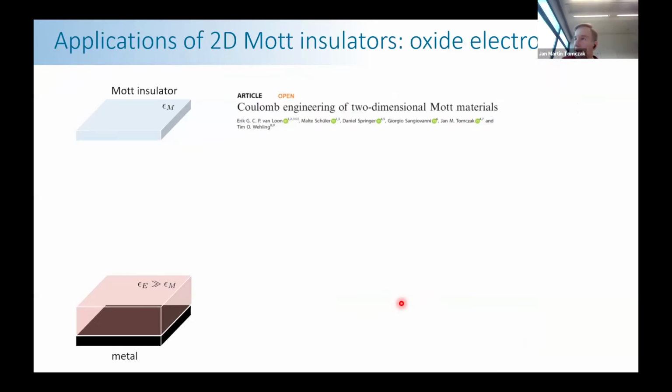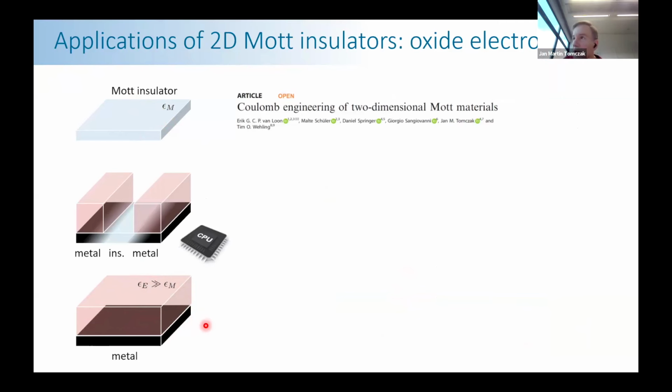Now, why is this of any interest? And that makes the connection with what I was talking about in the beginning, the other system. So we have a Mott insulator in 2 dimensions. We can metallize it by sticking a dielectric on top of it. Now here I've done this globally, but what one could imagine doing, and this is a bit of a hypothesis, is that one does this spatially resolved.